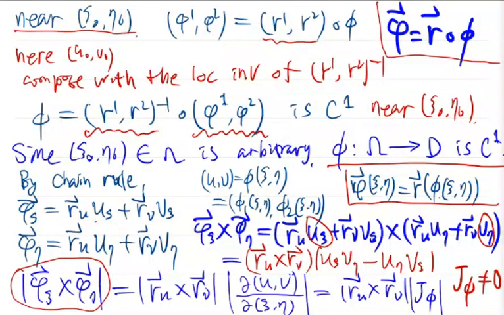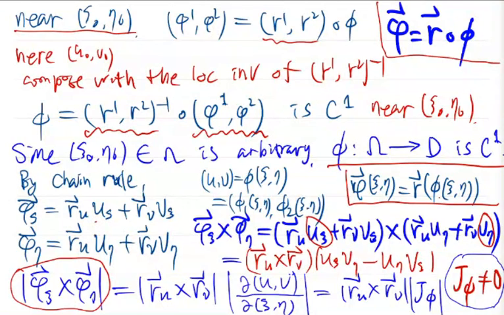J phi is not zero, and phi is a C1 bijective map. According to the inverse function theorem, phi has a C1 inverse. Phi is a bijective map, so it has an inverse map, but this inverse map might not be C1. But once we prove that the Jacobian determinant of phi is not zero, we can apply the inverse function theorem to see that the inverse of phi is also C1.